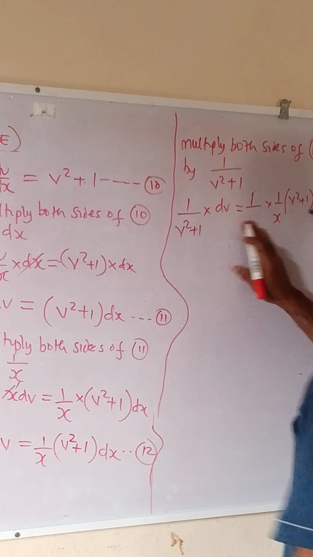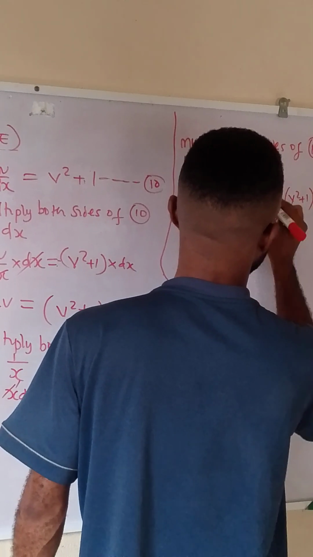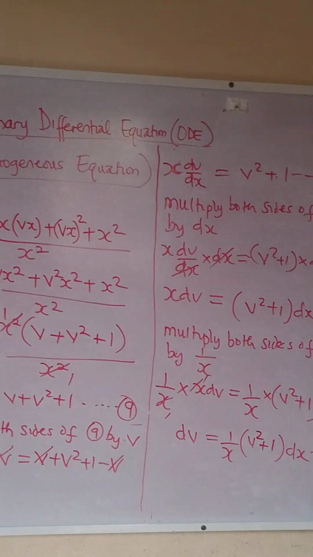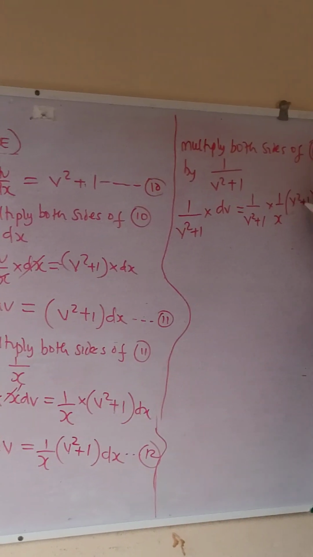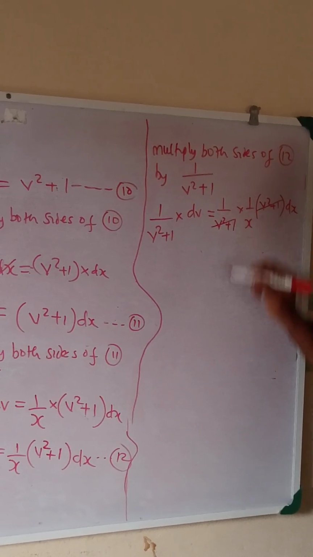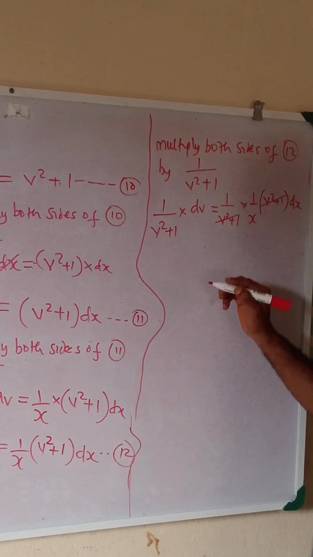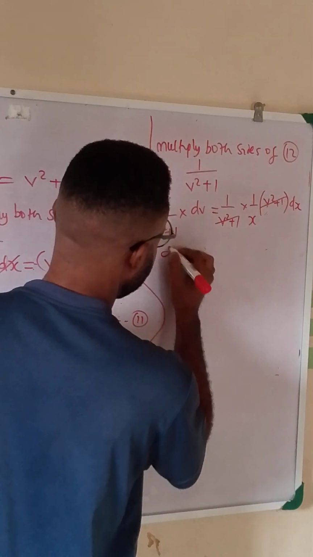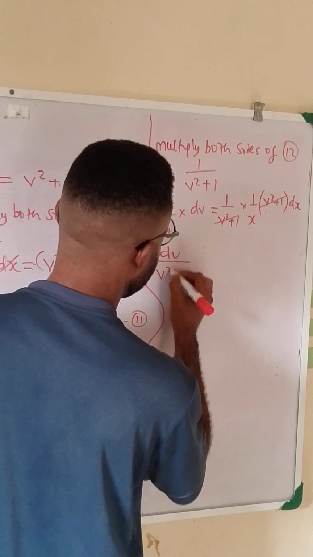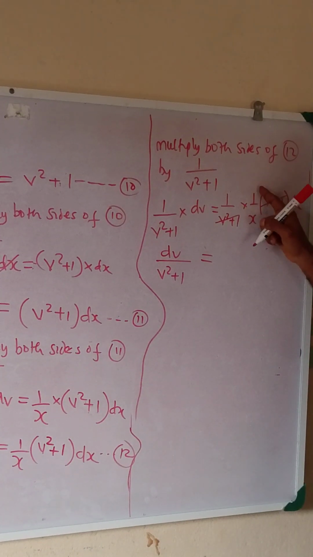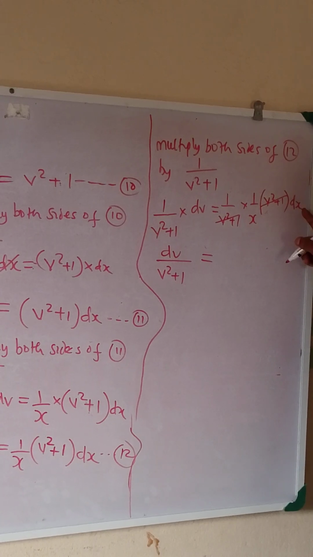Let me write this properly. So if you look here, this will cancel out, and so 1 over v squared plus 1 times dv will give you dv over v squared plus 1 equal to, and then at this point we have 1 over x dx.